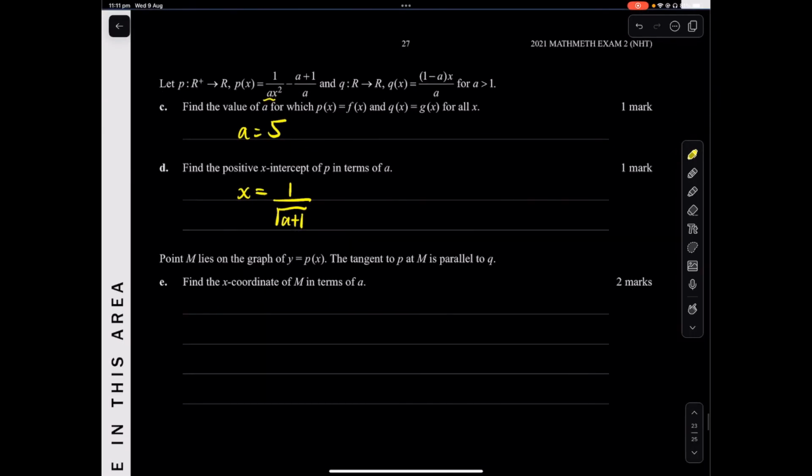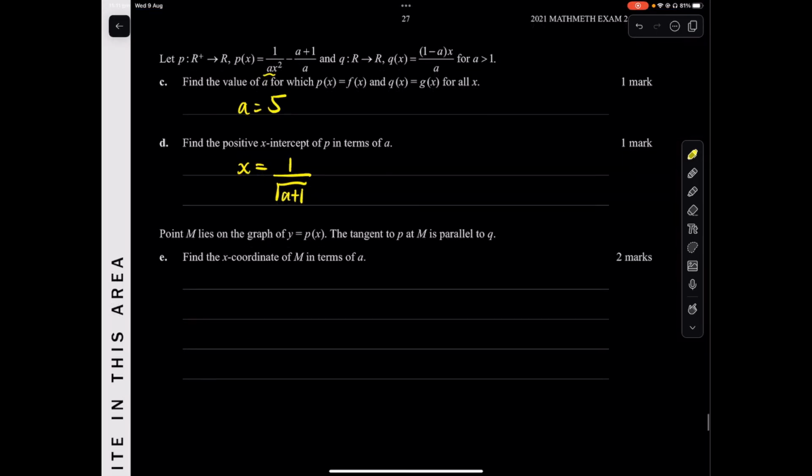Point M lies on the graph of P of x. The tangent to P at M is parallel to Q. Find x coordinate of M in terms of A. Okay, so the tangent to P. So P dash of x is what?